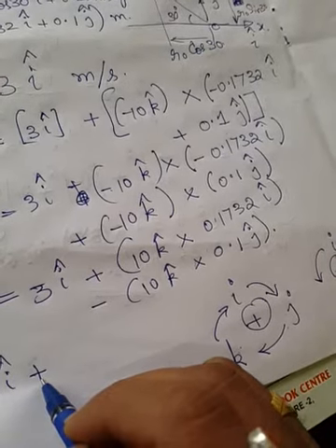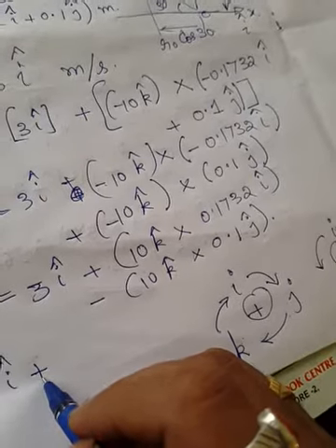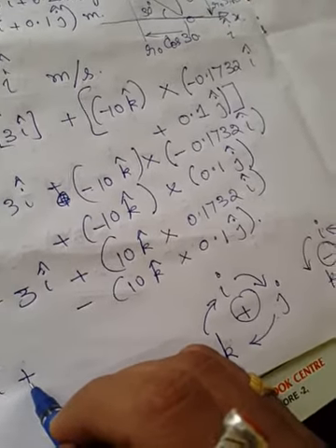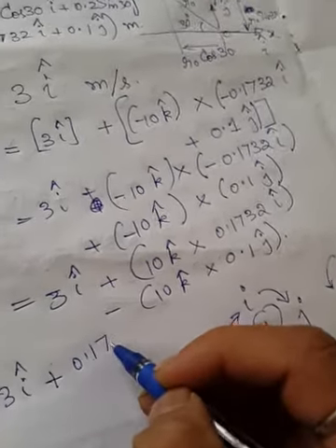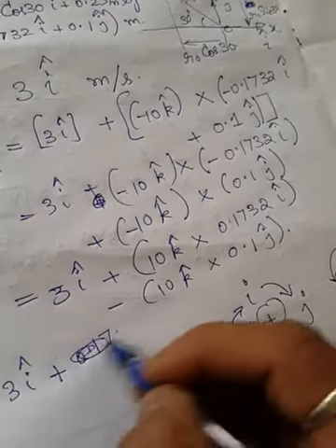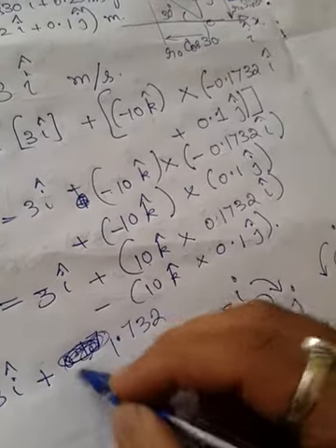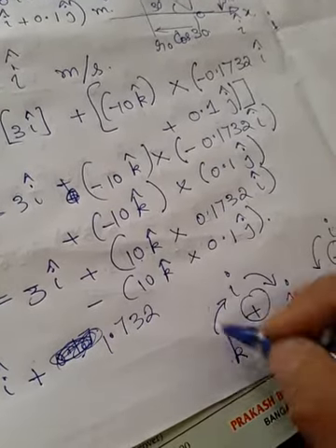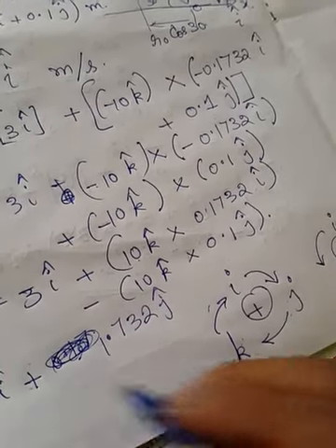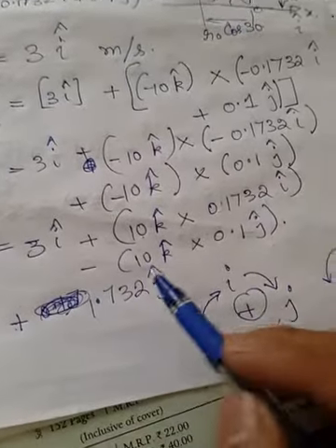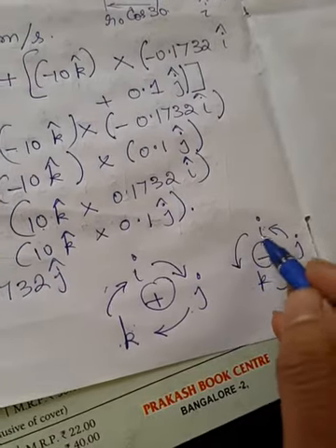So 10 into 0.1732 gives 1.732, along j, which is plus. Then you also have minus: k cross j is minus i.